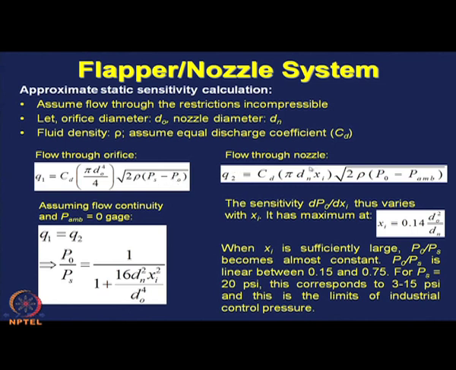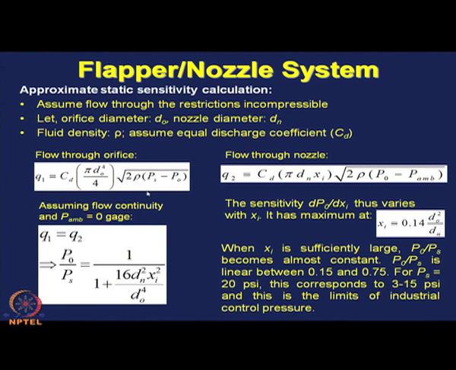Similarly, the flow through nozzle can be represented by this equation, which is Q2 equal to Cd multiplied by pi times Dn times Xi into square root of 2 into rho into Po minus P ambient, where Cd is discharge coefficient, Dn is the diameter of the nozzle, Xi is the gap between the nozzle and the flapper, rho is the fluid density, Po is the signal pressure, and P ambient is equal to ambient pressure.